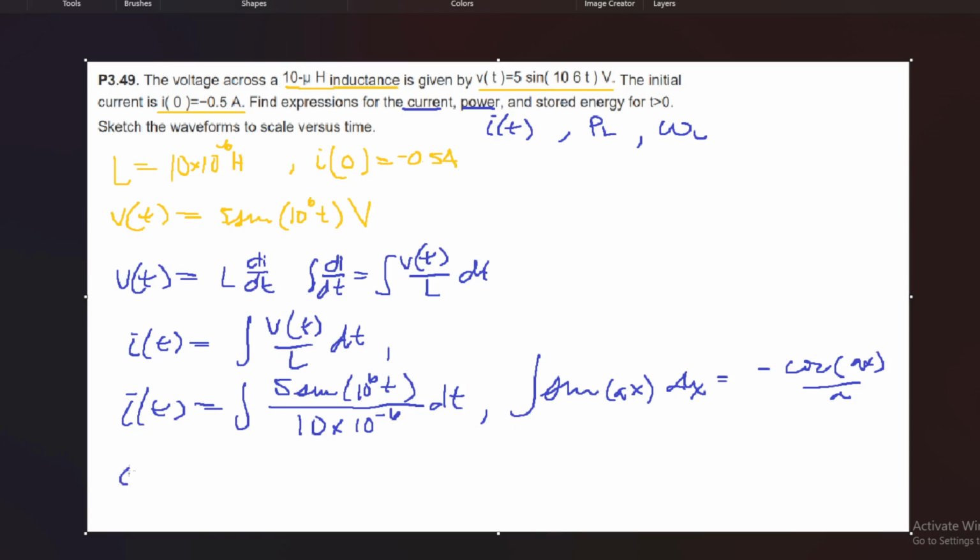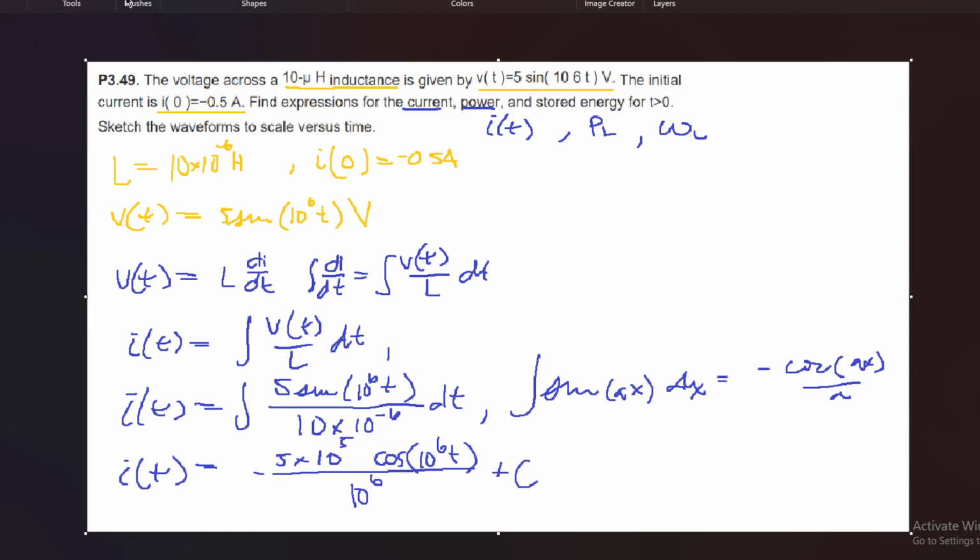So if we were to apply this on our integral, we'd be left with, from the negative right there, negative 5 times 10 to the 5th cosine 10 to the 6t, and then we're going to go all over 10 to the 6, plus c.